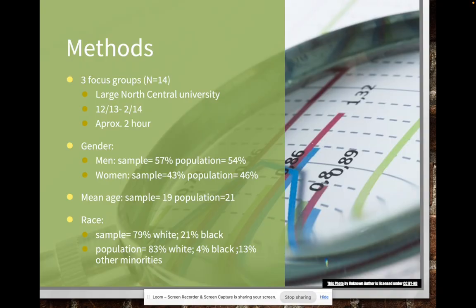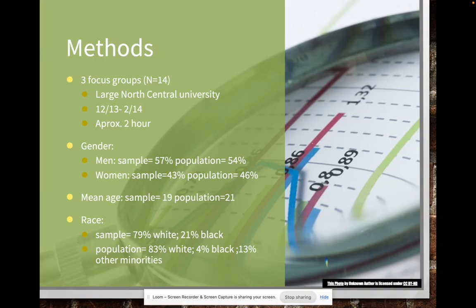I would hypothesize probably the reason why I had a disproportional amount of men in my study compared to their overall population is because fighting is coded as a masculine thing. So men would be more interested in participating in the research study when I recruited. The mean age is 19, but the overall mean age for the population is 21. I did recruit primarily in lower division intro classes, so that's probably one reason why my sample's a little lower than average.